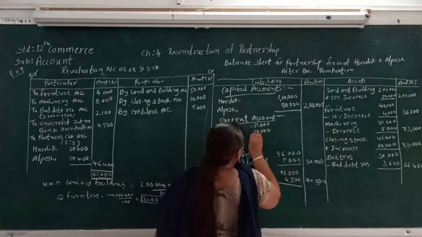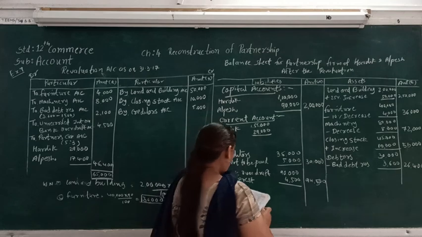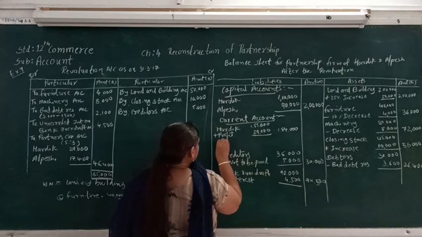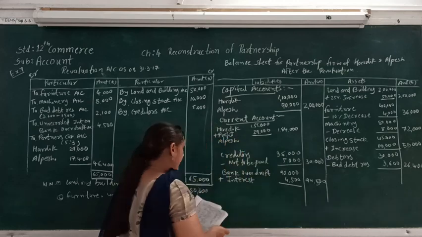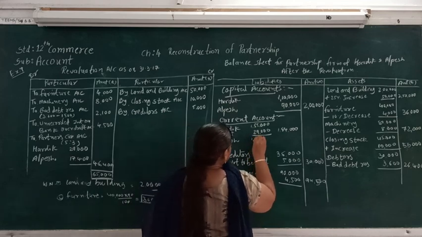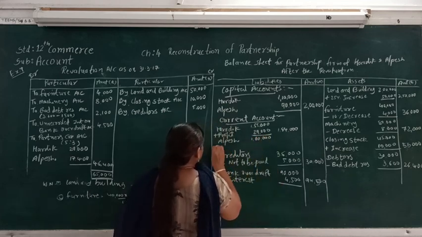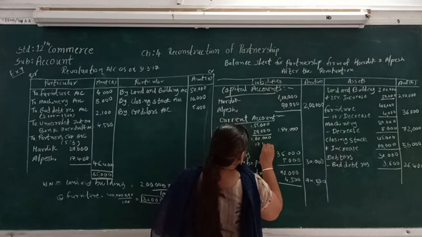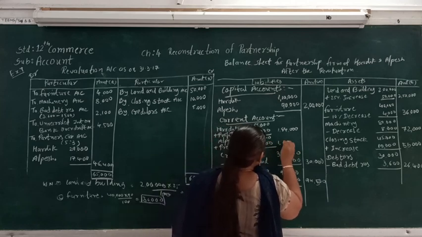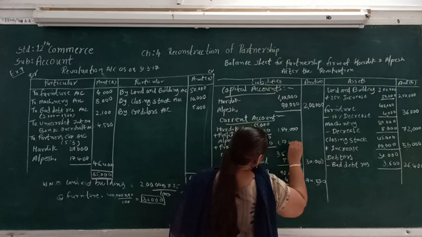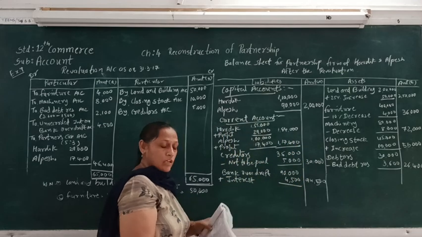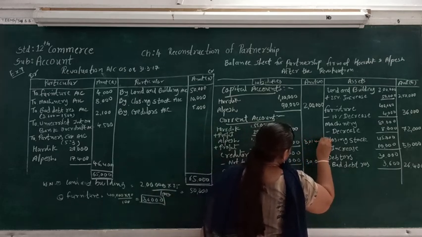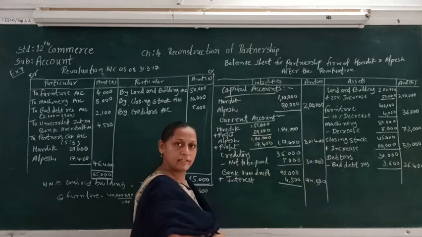So total of the current account of Hardik will be, and the Alpesh current account, and that will be 17,400. So total of the Alpesh current account will be 1,17,400. Now let's make the total of both, and it will be 3,01,400. So this is the total of the current account.